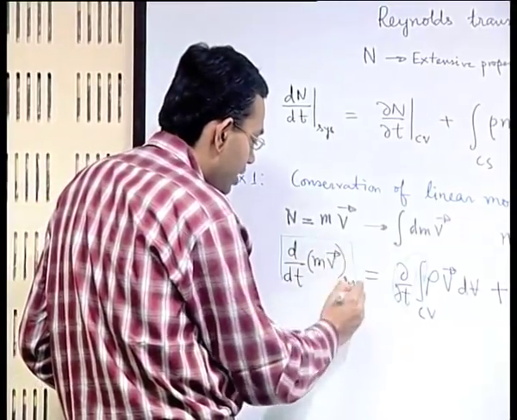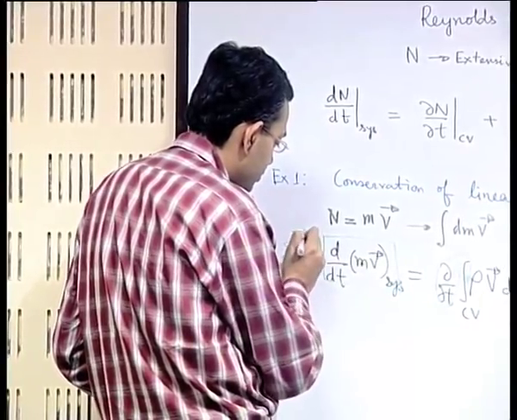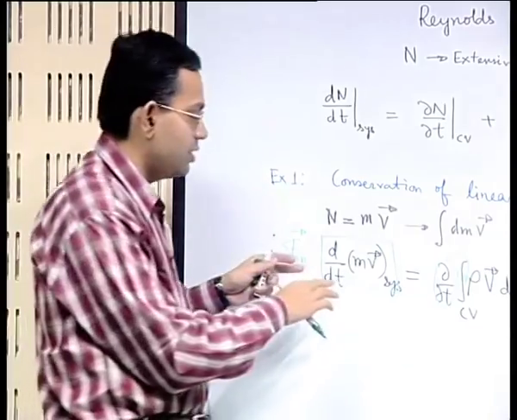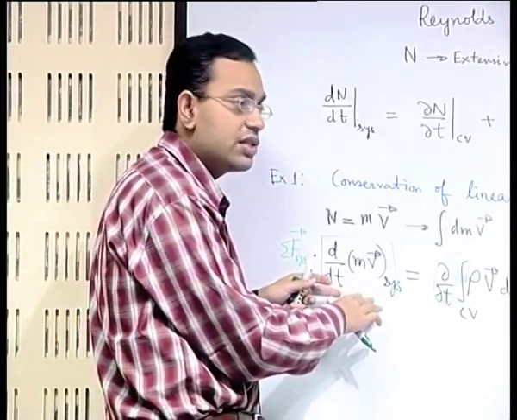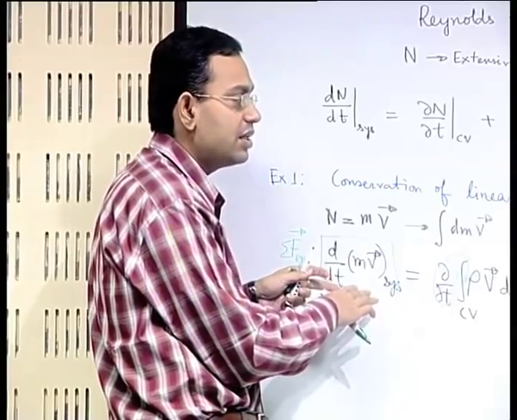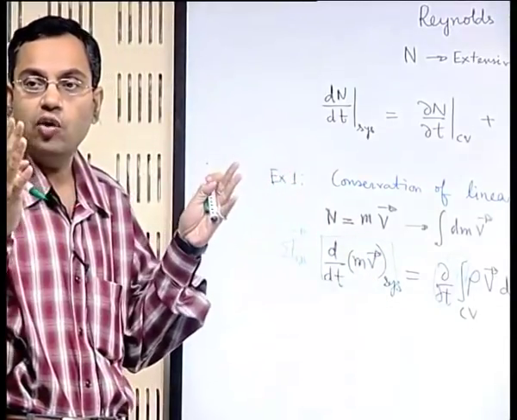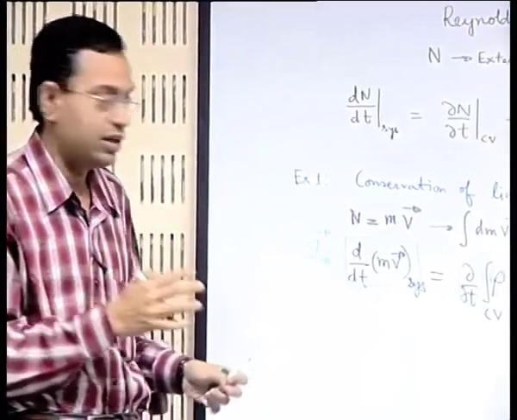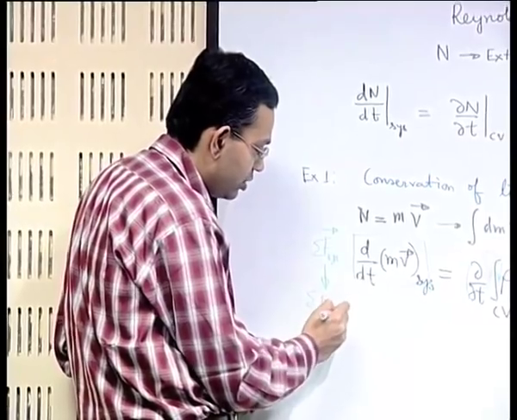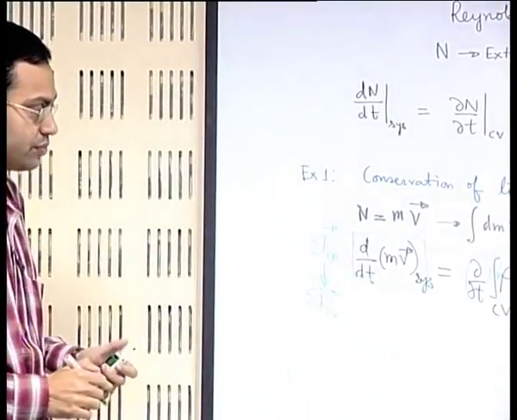So this will be the resultant force acting on the system, and we have derived the Reynolds transport theorem for the limiting case when the time interval delta t tends to 0, so that the system and the control volume almost converge on each other. So that means this is the resultant force acting on the control volume in the limit as delta t tends to 0.